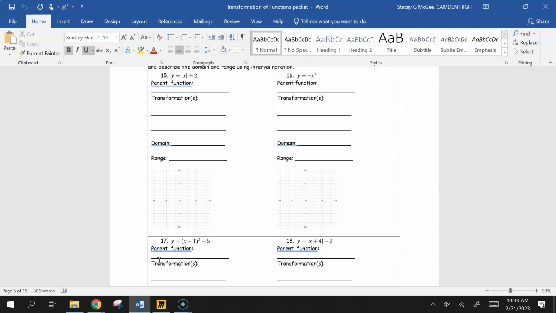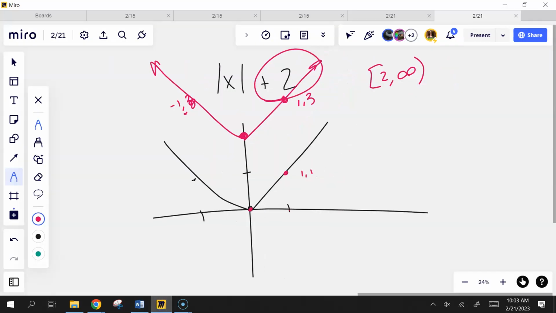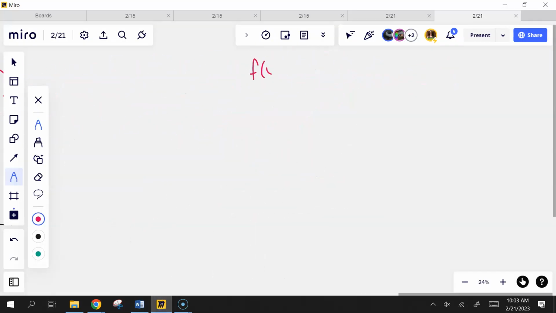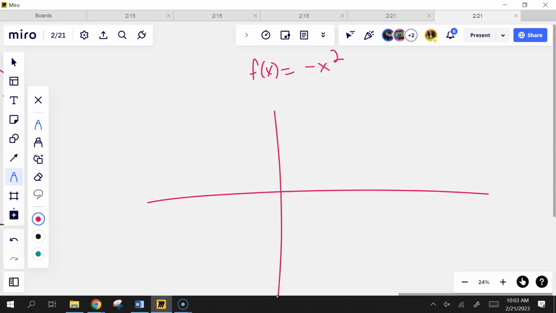So my parent function here is x squared. The transformation is reflect over x. And let's graph it. Okay. It's just going to flip over like that.